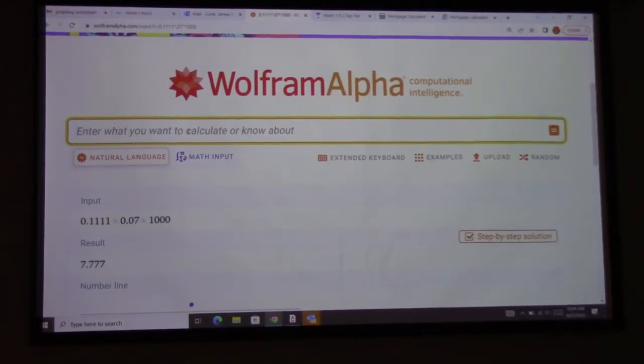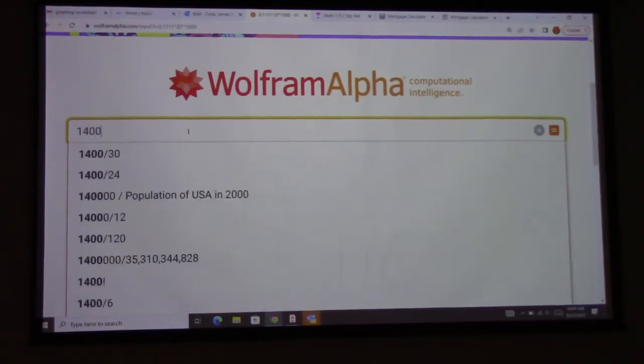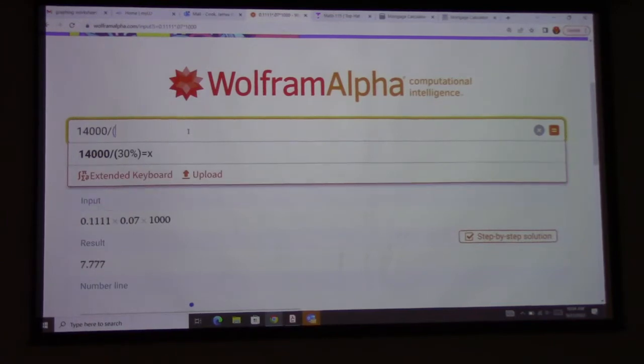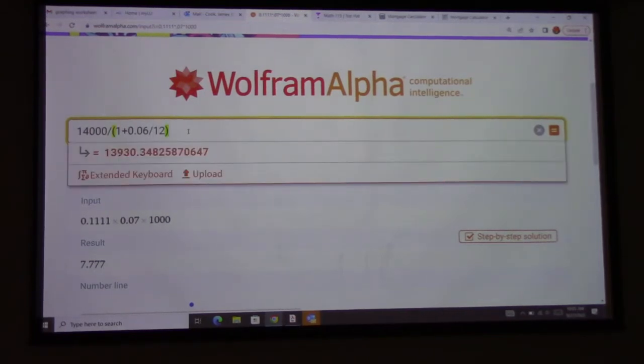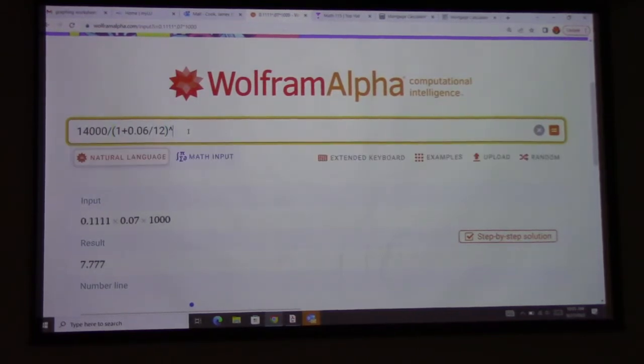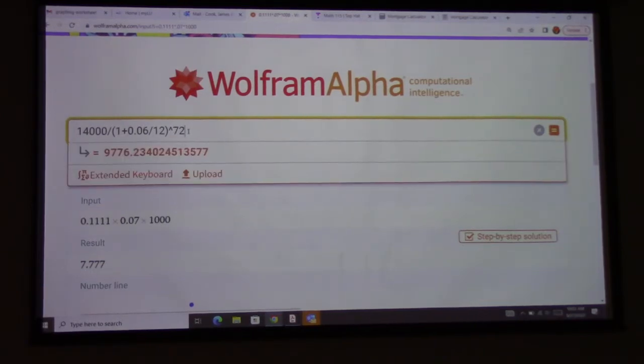Example 12. So we had 14,000 divided by 1 plus 0.06 divided by 12, and that was all raised to the, what was it? 72 power in this example, because it was 6 years for 12 compounding periods, so 72.